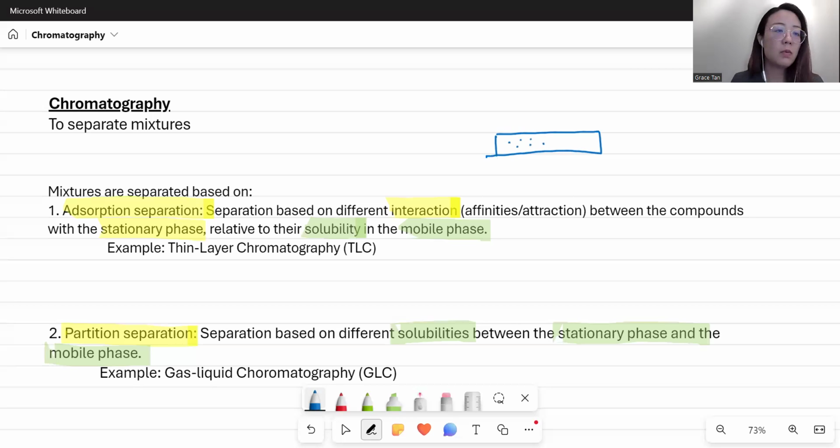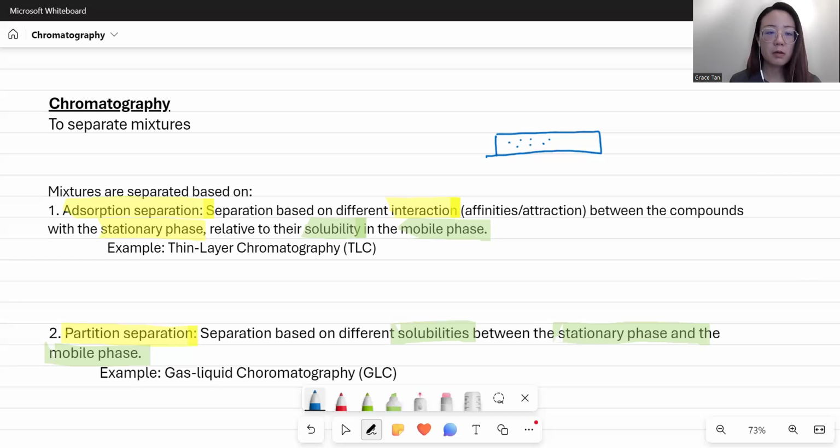All right. So you may want to use your understanding of intermolecular forces here. So the one that can form, for example, non-polar and non-polar. So if your compound is non-polar, then they will interact very well with a non-polar type of stationary paper or a glass or a plastic. All right.